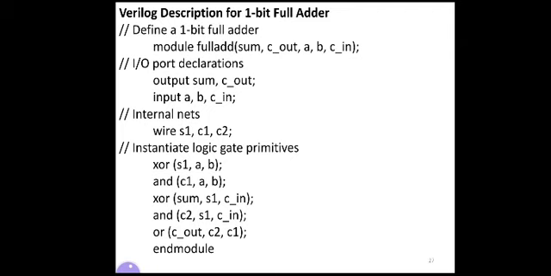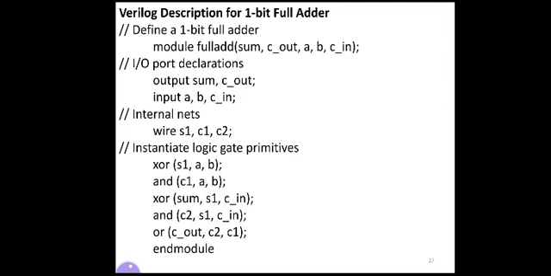Then port declaration: you have to declare the listed ports. Output ports are sum and Cout and input ports are A, B, Cin. You can also make use of the ANSI style declaration, in which all these can be listed directly in the module part itself.